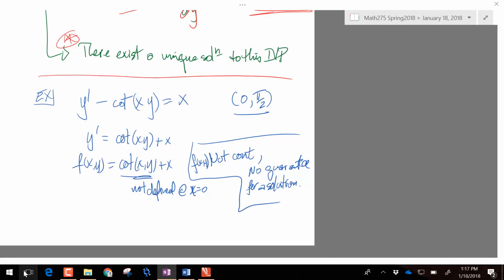All right. There could be. In this case, there isn't, because it's not defined there. So if it's not continuous, something like with an absolute value and there's a break in the derivative or something like that, the solution might still exist, but if it's not even defined there, it probably won't happen.